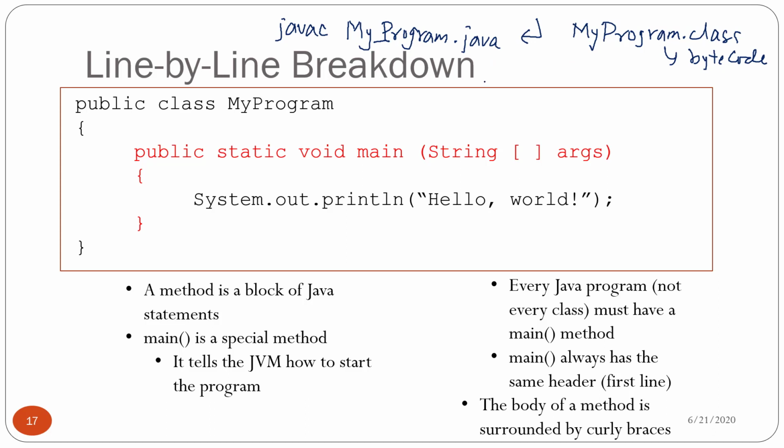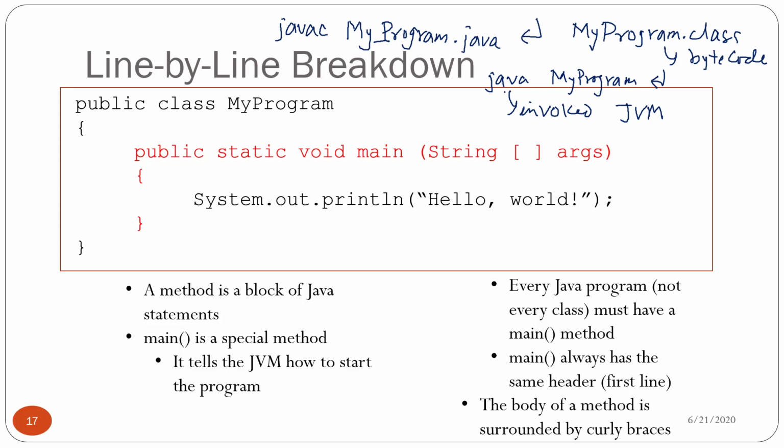Later on, you will say java, that means you are invoking the Java virtual machine, myprogram, enter. And this will result in hello world. When you say java myprogram, you invoke the Java virtual machine.